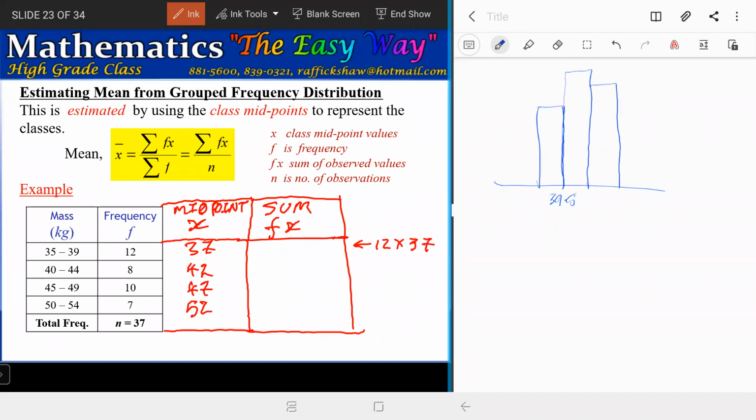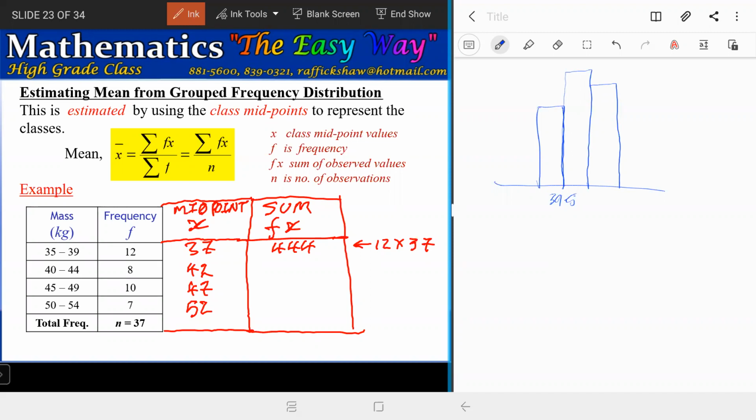If 12 bars measure 37, then the total mass of those 12 bars is 12 times 37. You're adding up the total mass of all the bars gradually. So you do the first group first, and that is 444. So the 12 bars in the first group have a total mass of 444, assuming each of them measures 37.